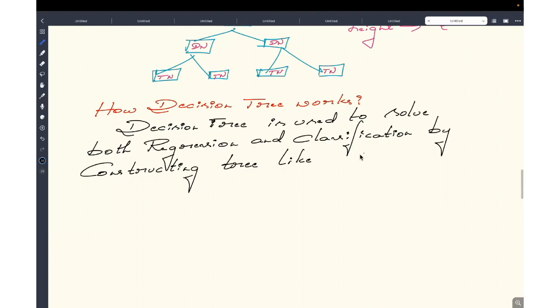Now the question is how it is going to construct a tree-like structure, how a tree is developed.